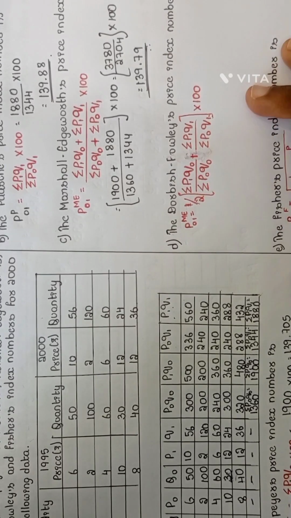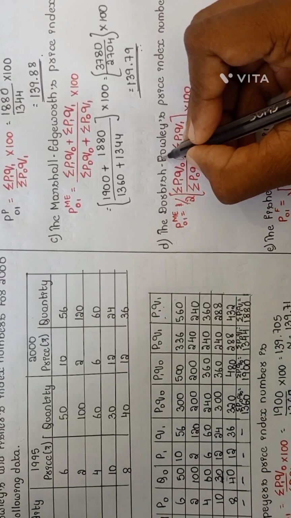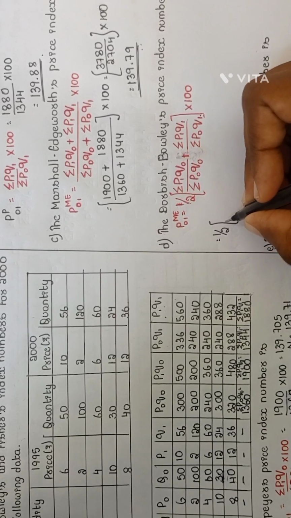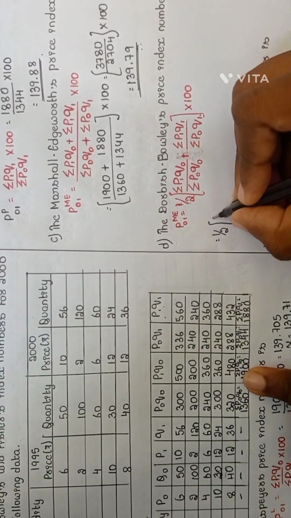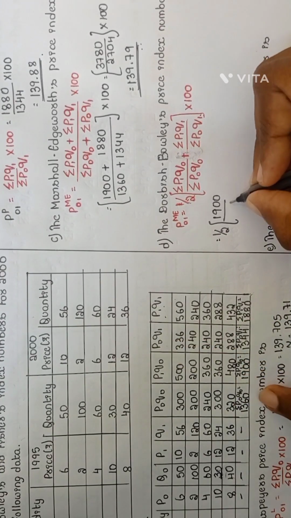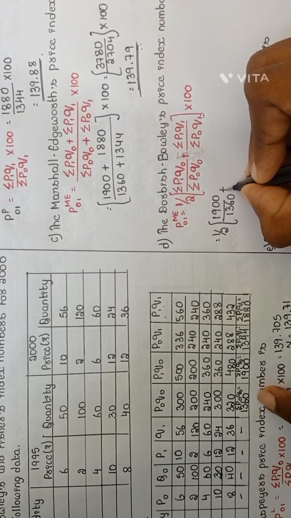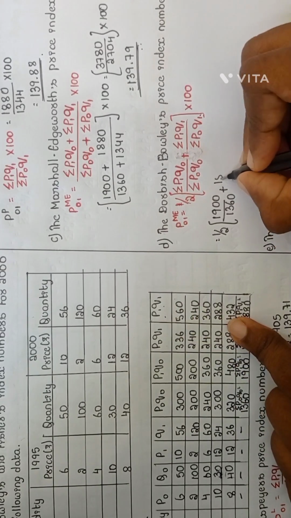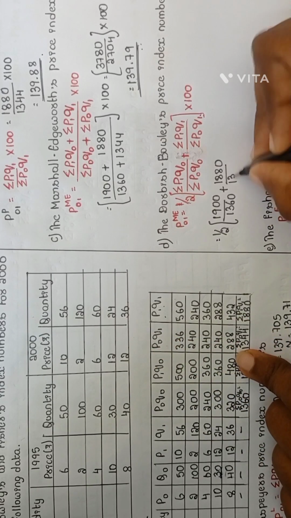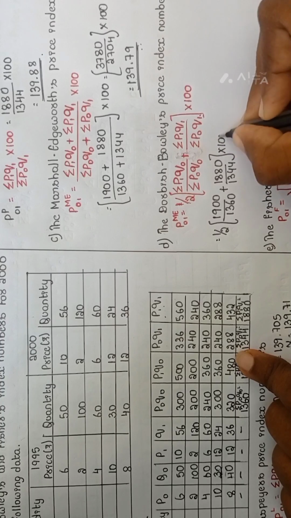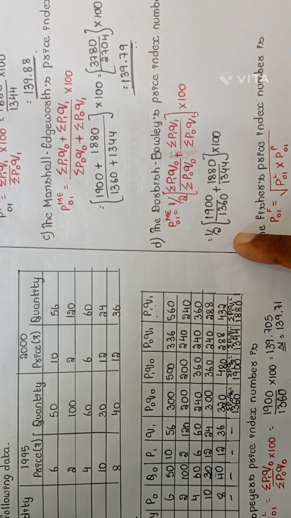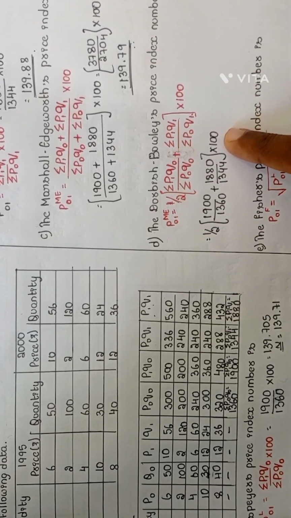Next, let's compute the Dorbish-Bowley's price index number. Half into summation P1 Q0 value is 1900 divided by summation P0 Q0 value is 1360 plus summation P1 Q1 value is 1880 divided by summation P0 Q1 value is 1344 into 100. So first let's divide and then let's divide it by 2. After that let's multiply it with 100.